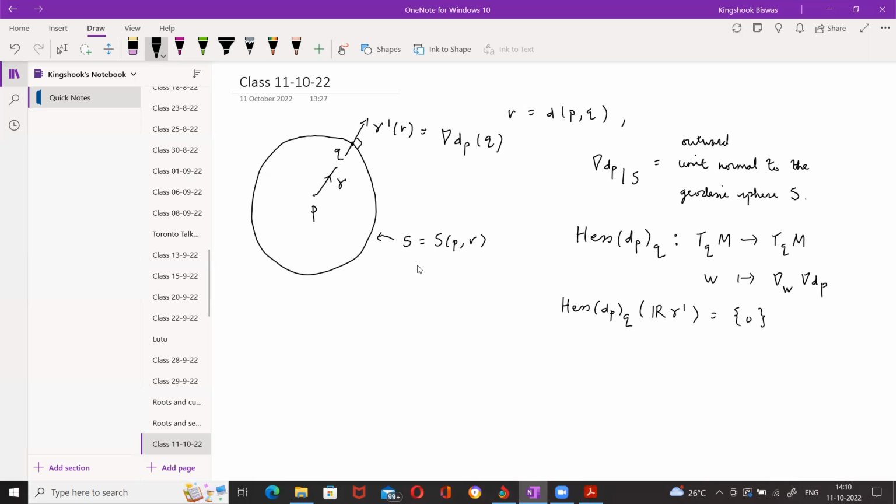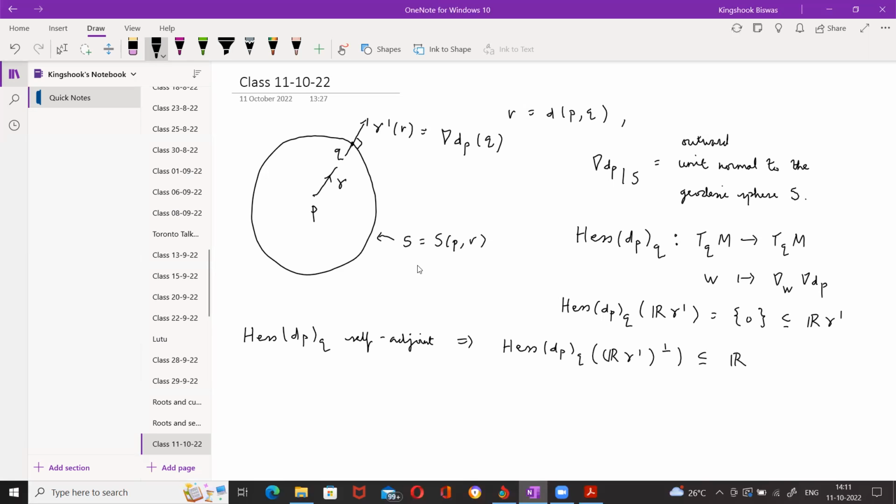So the Hessian maps R gamma prime perp into itself.